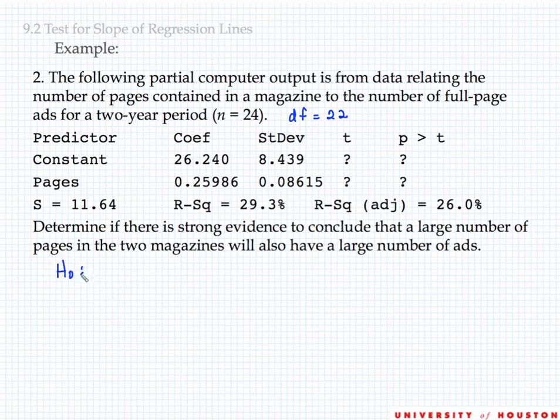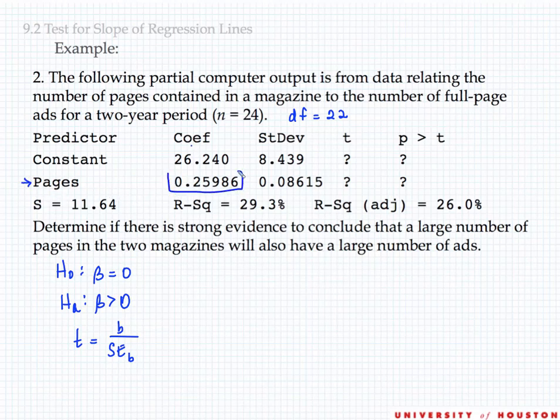Our null hypothesis again is that there is no relationship, a slope of 0, and the alternate will be that we have a positive relationship. Our test statistic will be our slope divided by our standard error of the slope. Our slope is the coefficient of our x value, pages, so it's 0.25986.